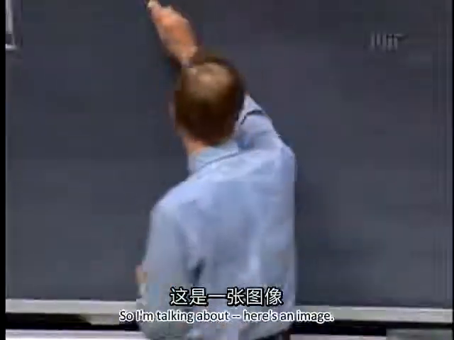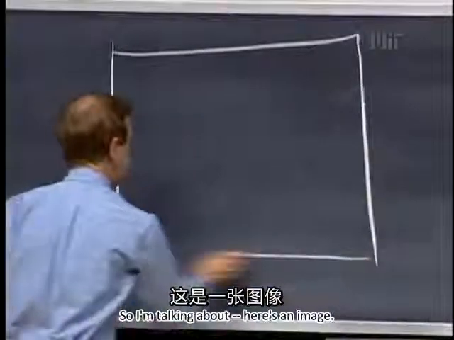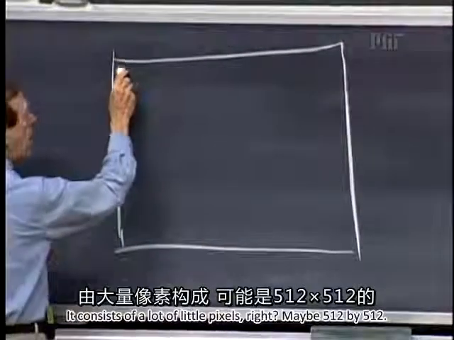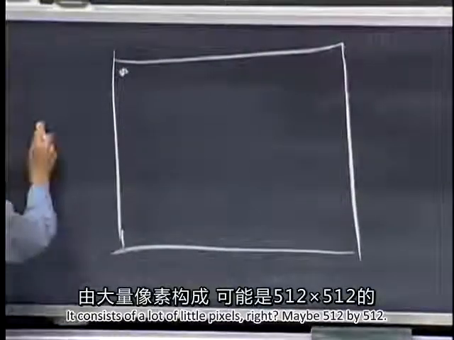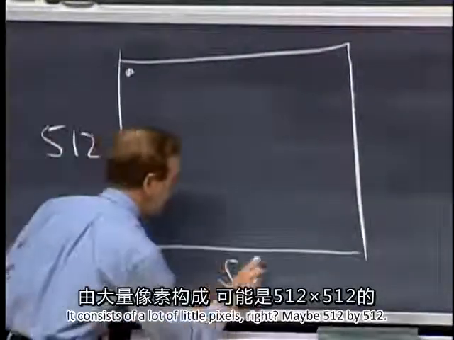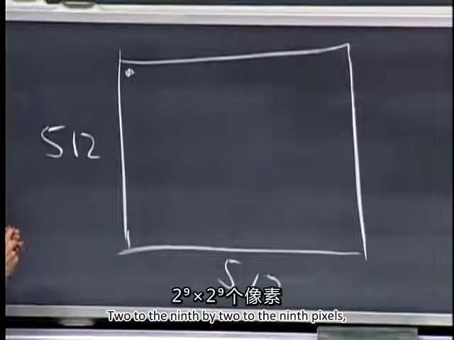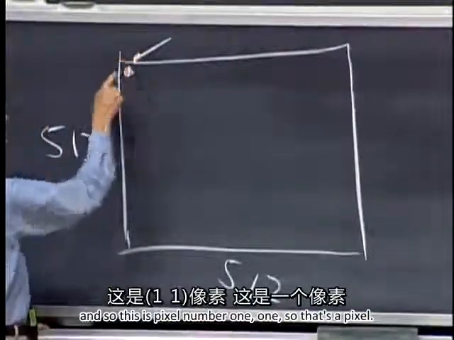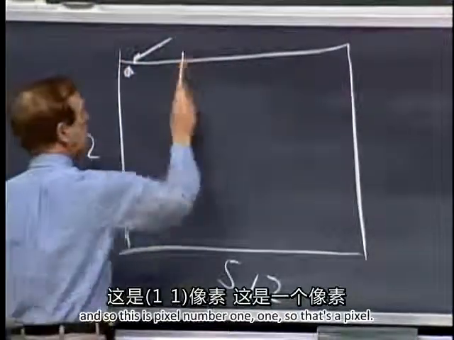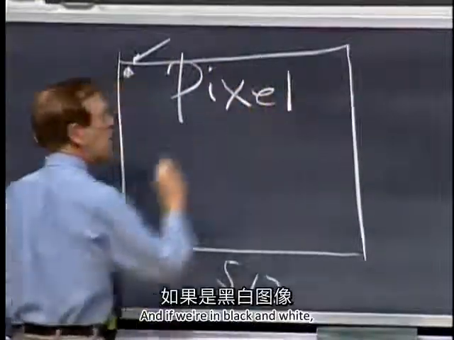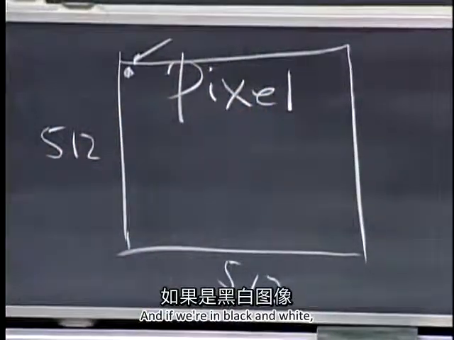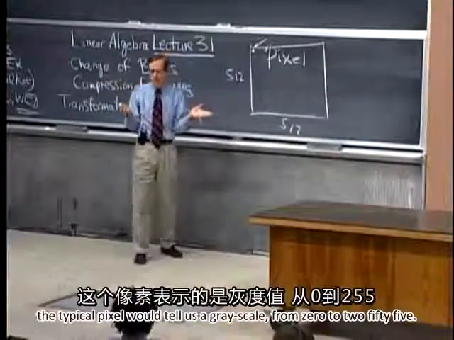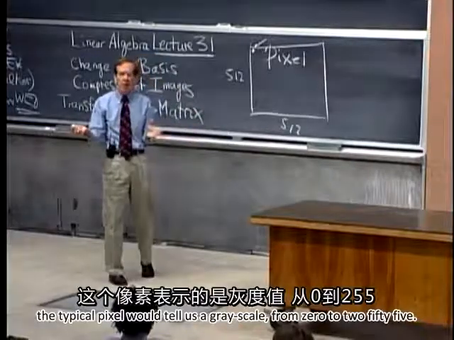So I'm talking about, here's an image. And what does an image consist of? It consists of a lot of little pixels, right? Maybe 512 by 512, 2 to the 9th by 2 to the 9th pixels. And this is pixel number 11. So that's a pixel. And if we're in black and white, the typical pixel would tell us a grayscale from 0 to 255.